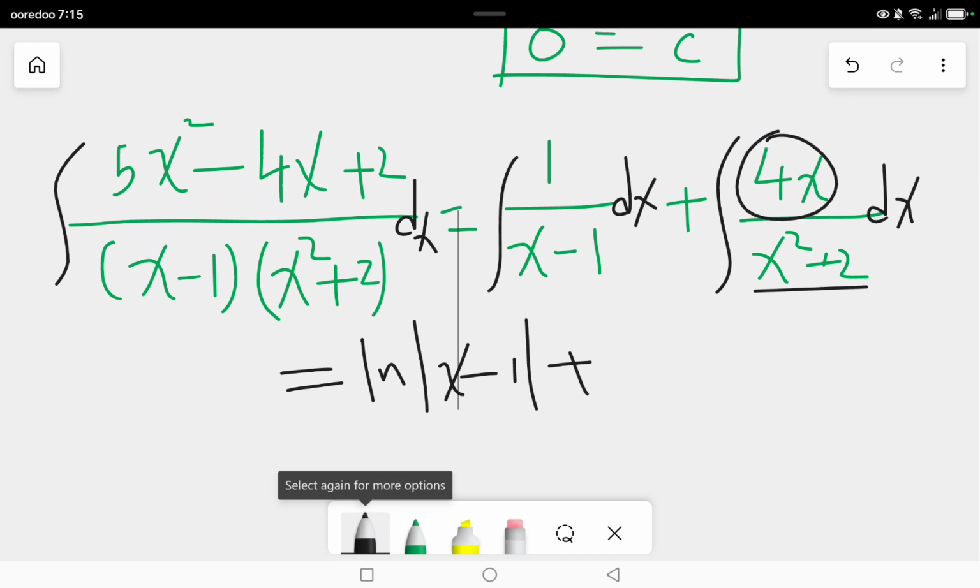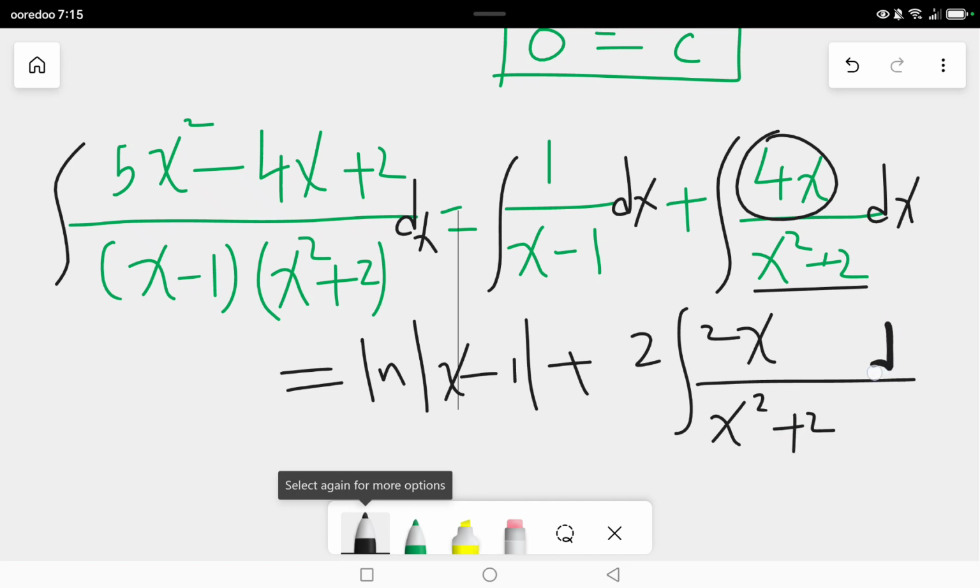So 4x you can make 2 times 2x, and 2 integration of 2x. Why did I write 2 in the beginning? Because 2 times 2 is 4. I need 2 up in the numerator because the x square derivative is 2x, over x square plus 2, dx.